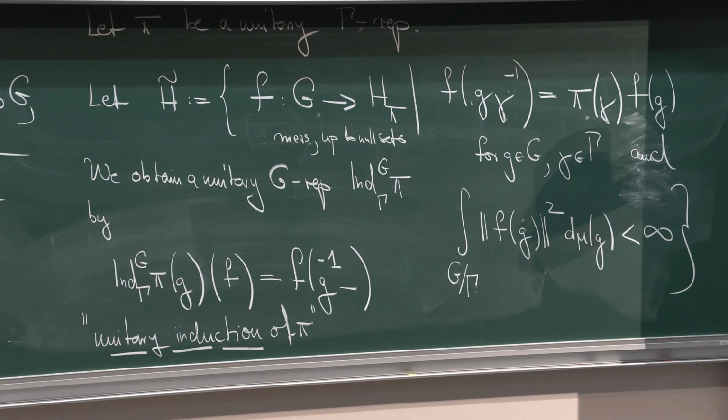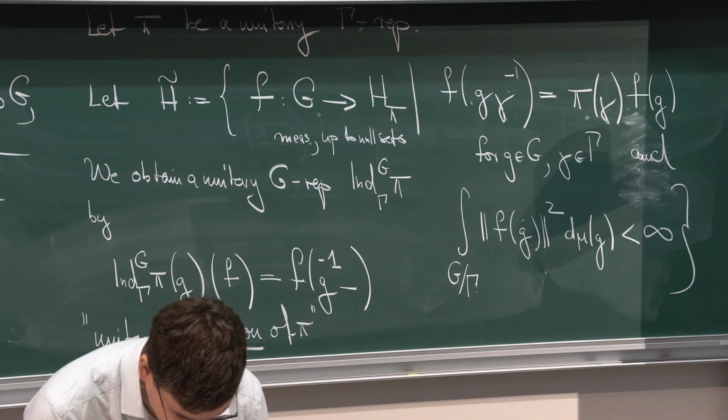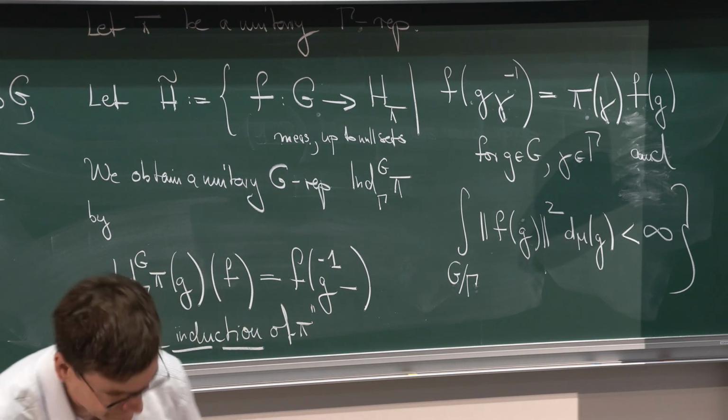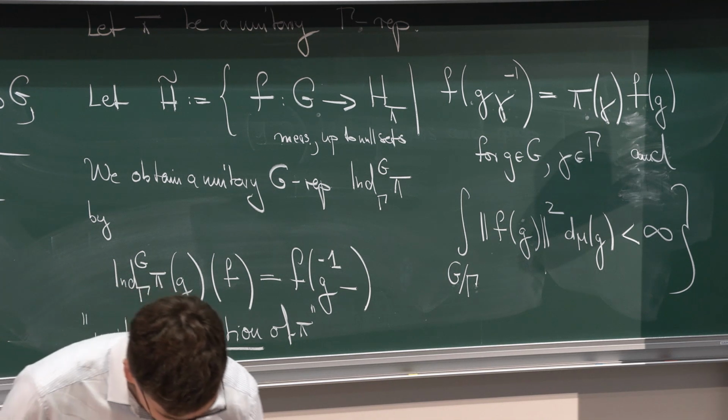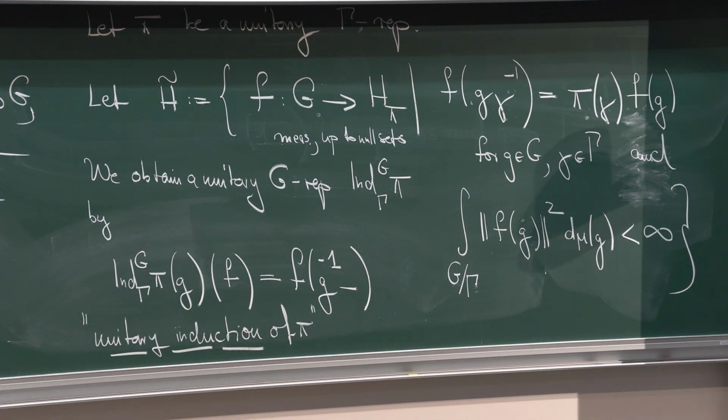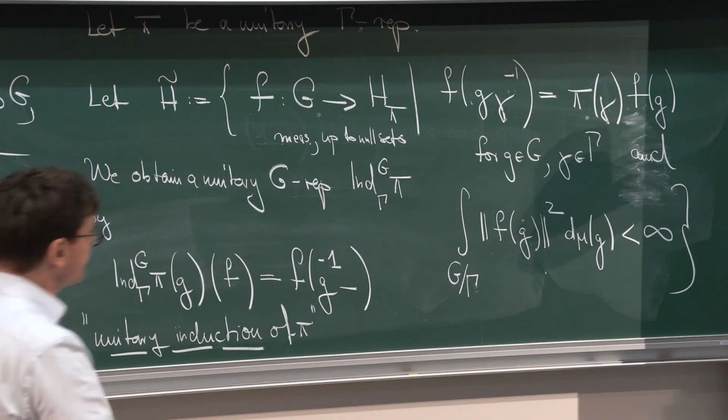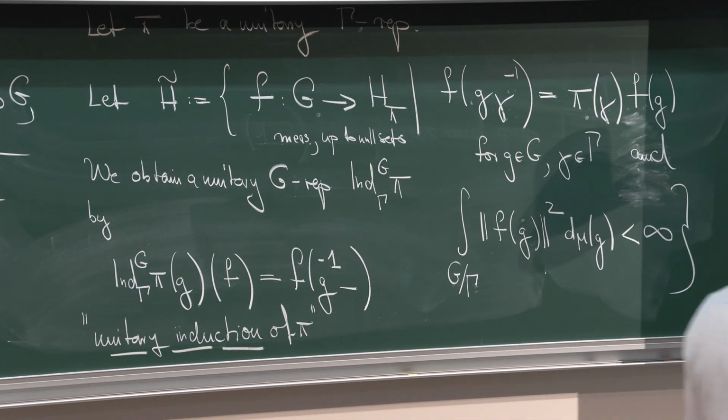There are certainly some things to check which I didn't, but this is the construction at least. And then there is this theorem, which is already in Kazhdan's paper, that gamma has T if and only if G has T.